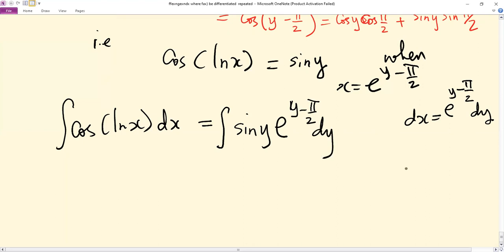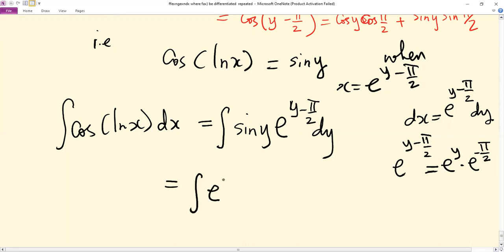I remember from laws of indices, e raised power y minus pi over 2 can be written as e raised power y times e raised power minus pi over 2. So this integral can be written as integral e raised power minus pi over 2 e raised power y sine of y dy.